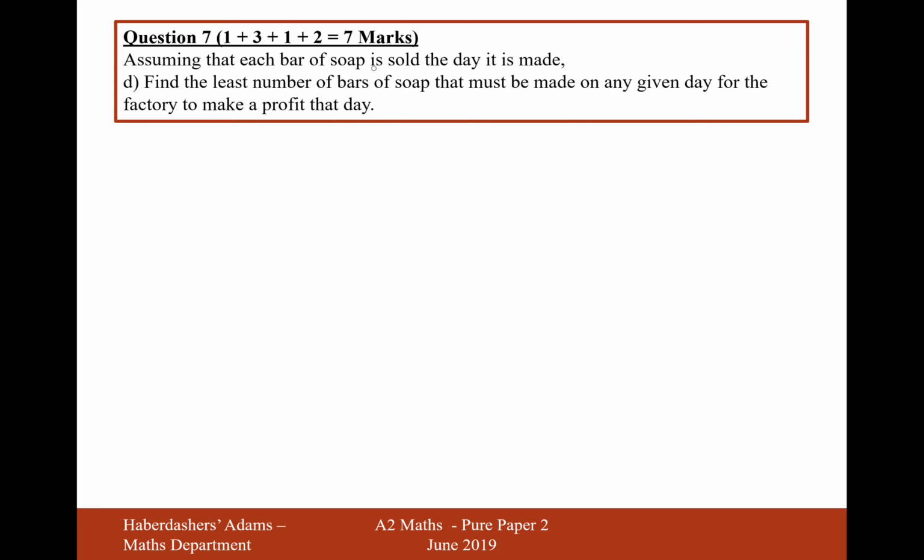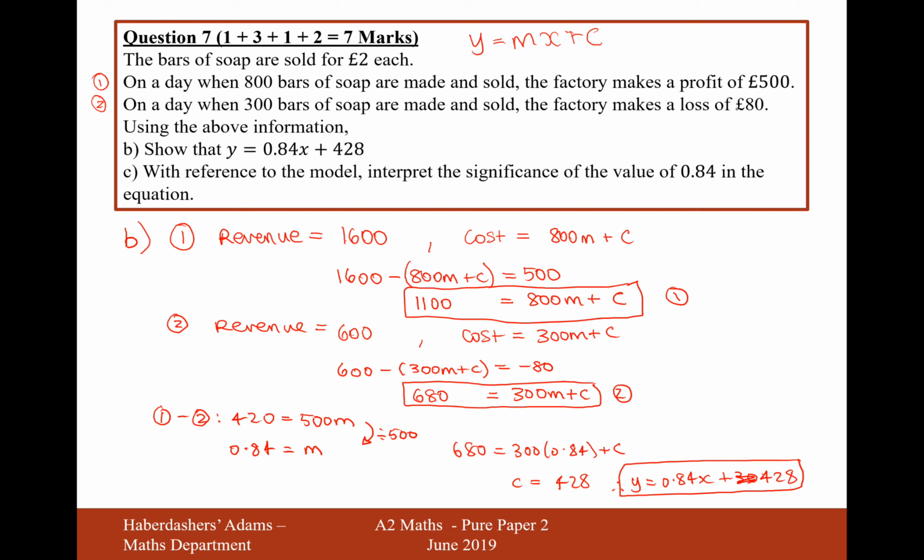Assuming that each bar of soap is sold the day it is made, find the least number of bars of soap that must be made on a given day for the factory to make a profit that day. Okay, so what we're looking for is the difference between the revenue and the cost to be greater than 0.